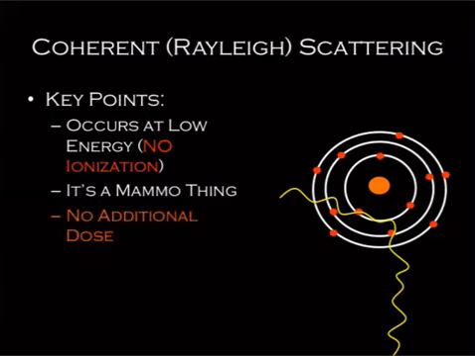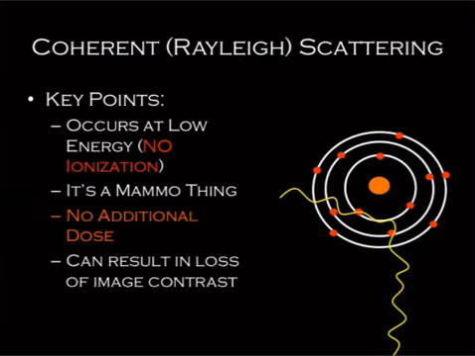It's not adding any additional dose because you're not creating anything additional to the X-ray that's already been pushed in, and it can result in some loss of image contrast because you're sort of messing with the normal interaction there. It is a form of scatter.